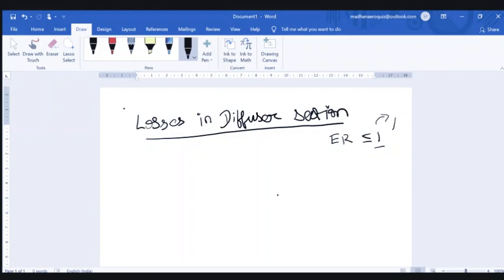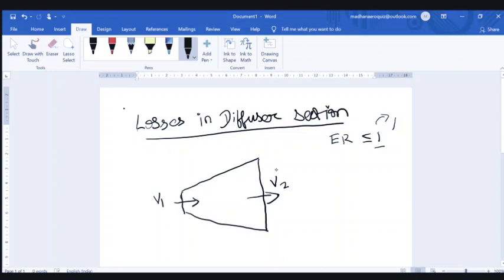So now I am considering a diffuser. Let us consider this convergent divergent diffuser. It has an inlet and an outlet. Let the inlet velocity be v1 and the outlet velocity be v2, and the diameter of this particular section be d1, and the diameter of this particular section be d2.